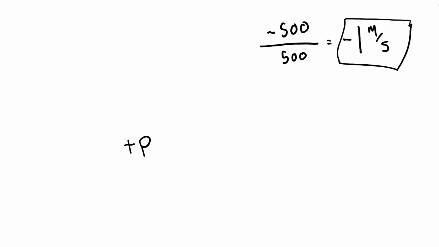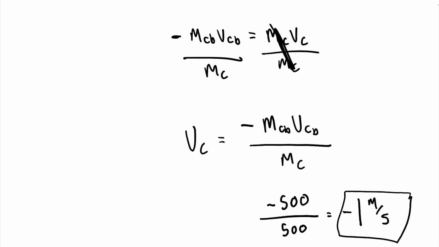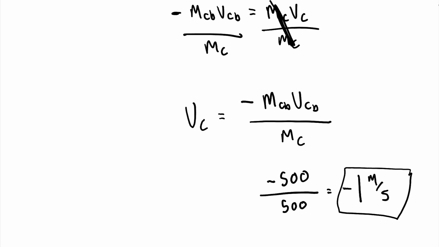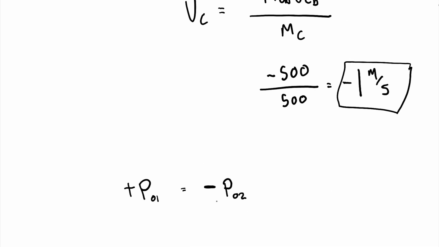The positive momentum of one object, so object 1, is equal to the negative momentum of object 2. Because you're always going to have 0 at the beginning, because that's what an explosion is, they're not moving, and then you have these two things at the end. And the only way that you can get this to solve is if you subtract one of them from both sides, and it becomes negative.